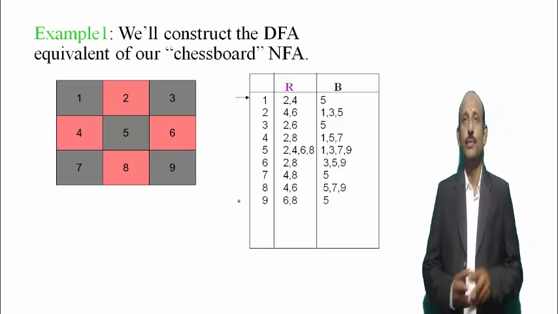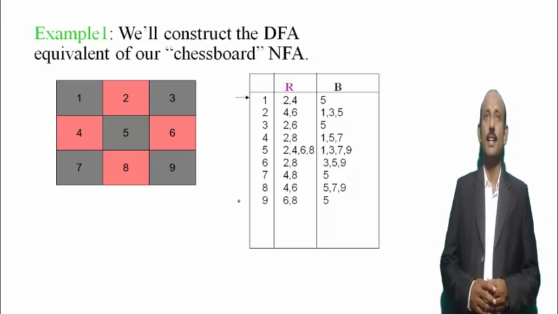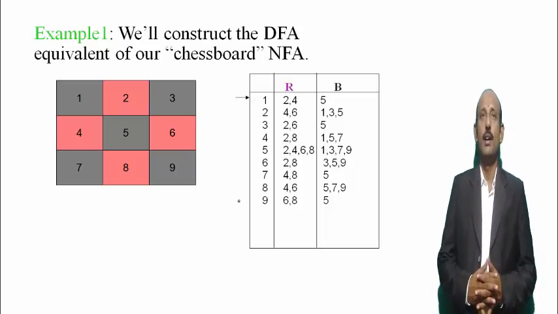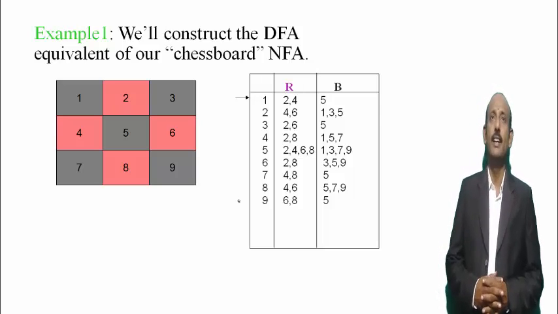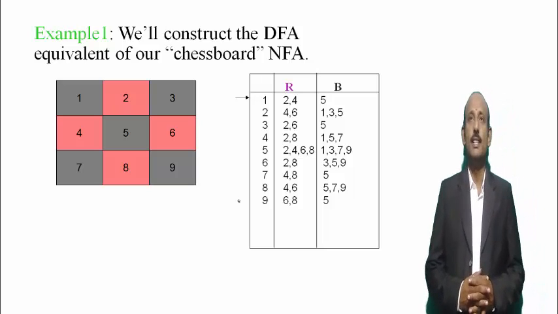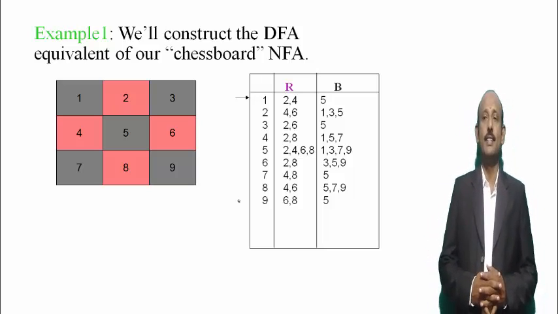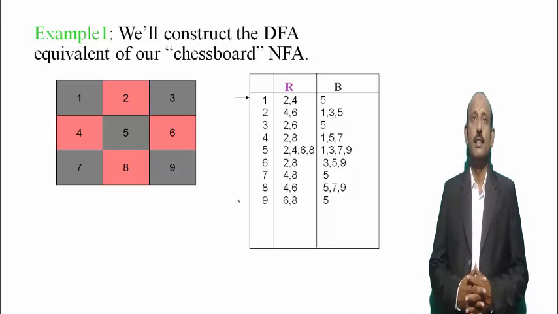Similarly, for B, black, the adjacent black cell for state 1 is only 5. Similarly, for cell 2, the adjacent red cells are 4, 6, and for black, it contains 1, 3, 5.